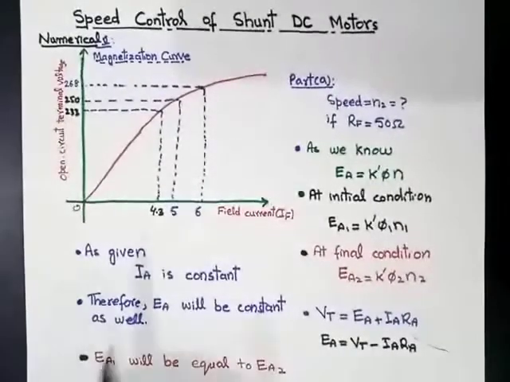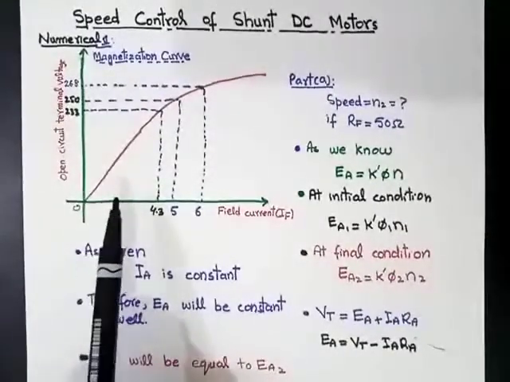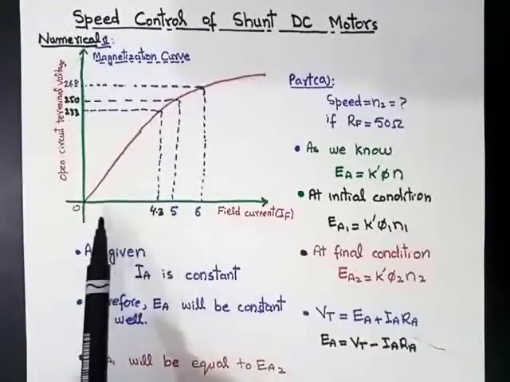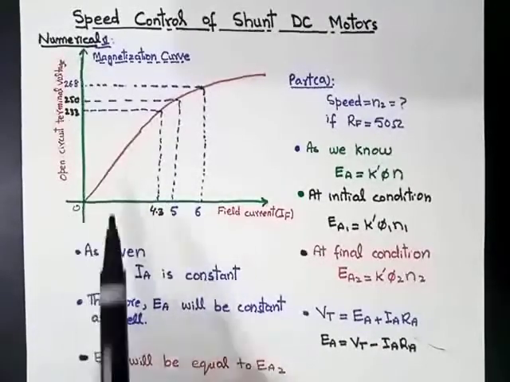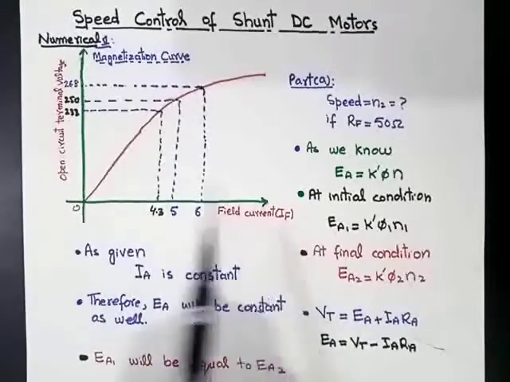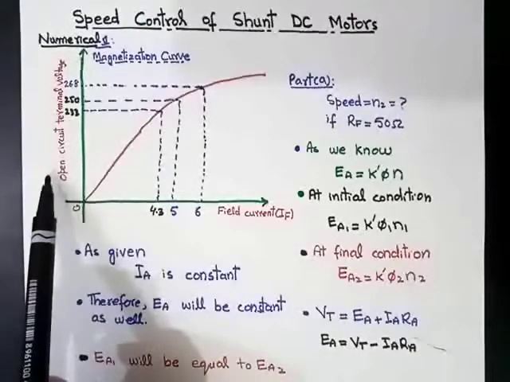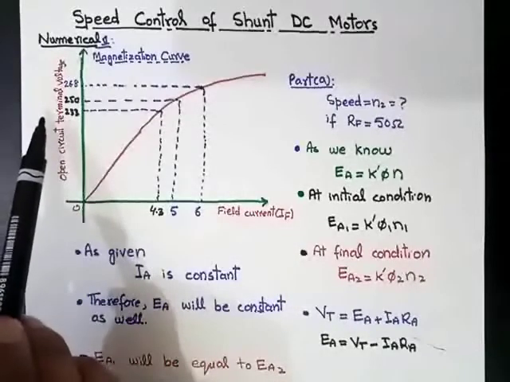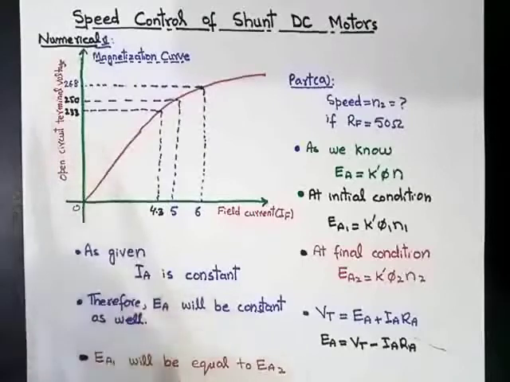The magnetization curve is also given in this particular numerical. As we know, the magnetizing curve is basically the relationship between field current and internal generated voltage. This is the field current and this is the internal generated voltage EA.